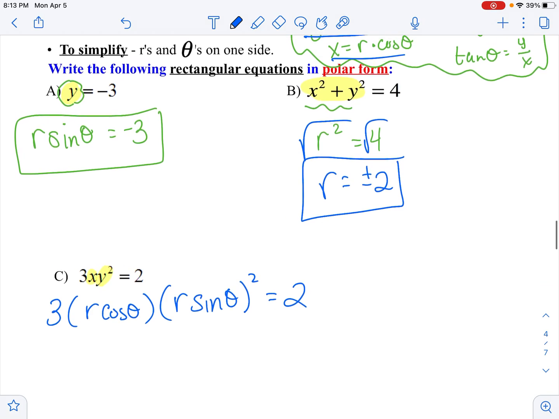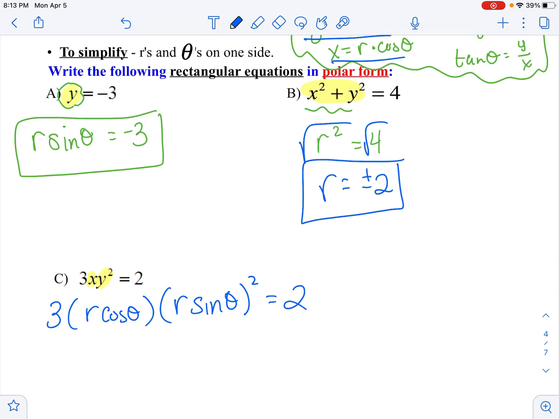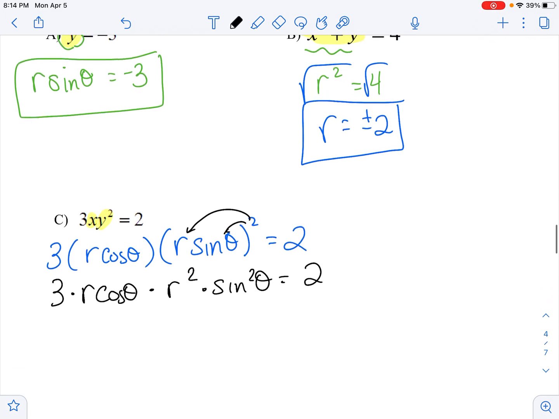Okay, so again, remember we want to get the r's and thetas on one side of the equation. So in this case, I just need to simplify here. That gives me 3 times r cosine theta times, if I square it, don't forget I've got to square both the r and the sine theta. So that gives me r squared times sine squared of theta equals 2.